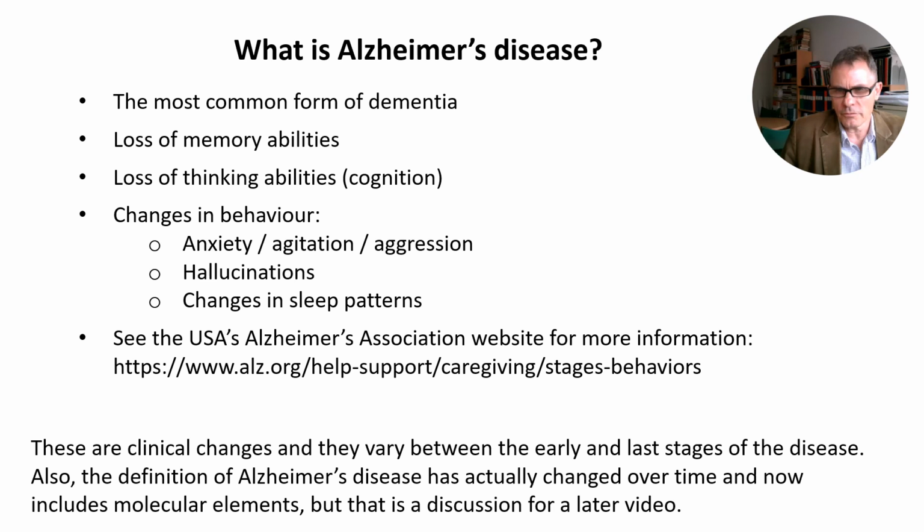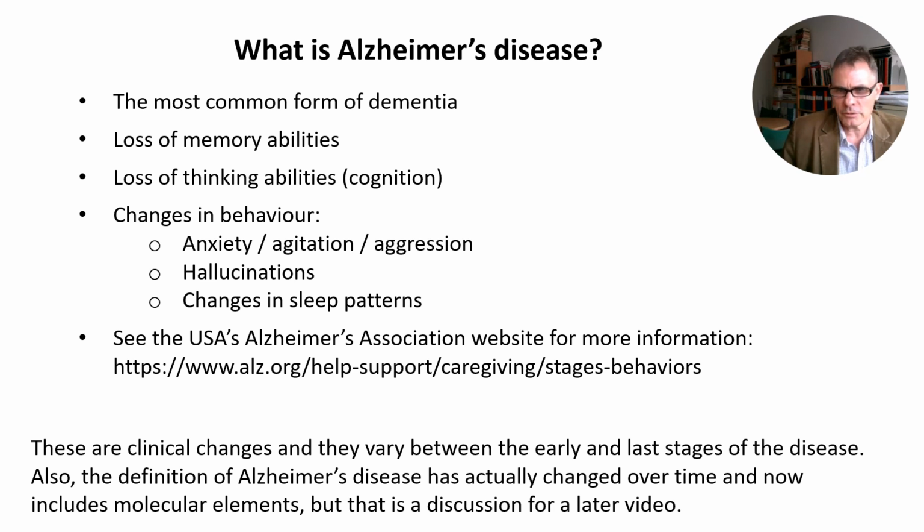There's also a loss of thinking capacity, which we can think of as cognition, and we see changes in behaviour. This can involve anxiety, agitation, aggression, hallucinations, changes in sleep patterns, and these changes vary depending on the progression of the disease from the early to the later very severe form of the disease.